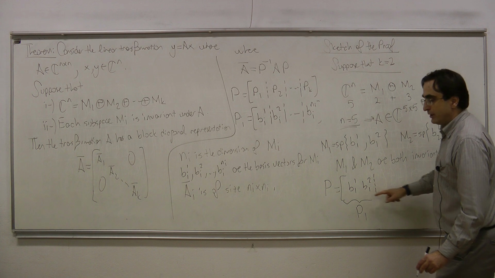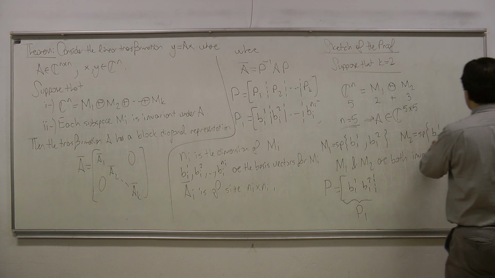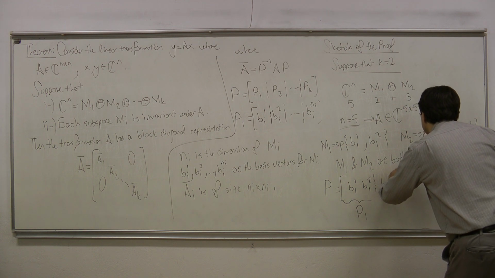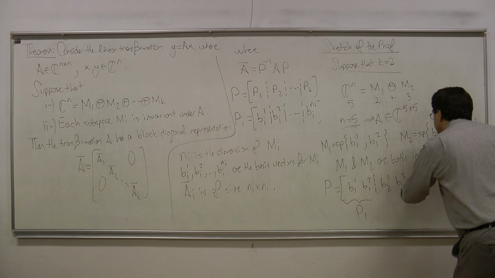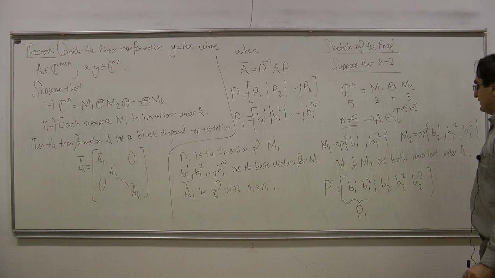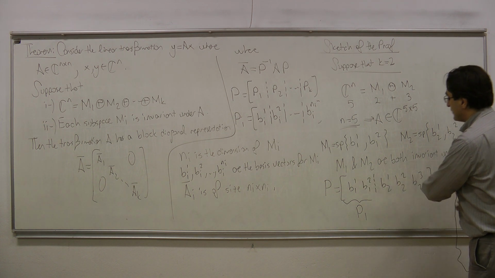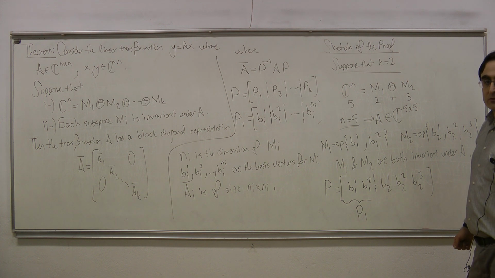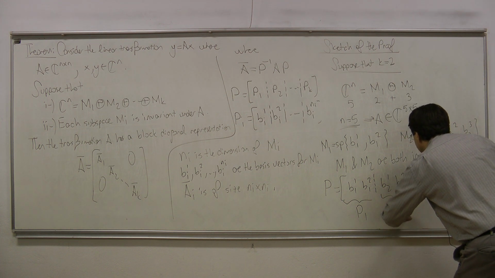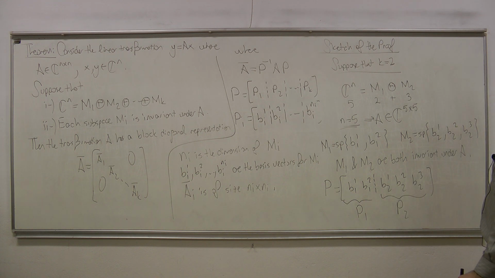P2 is going to contain three columns, b21, b22, and b23. Each of these vectors is in C^5, so this would be a 5 by 5 matrix, which is invertible in this case.